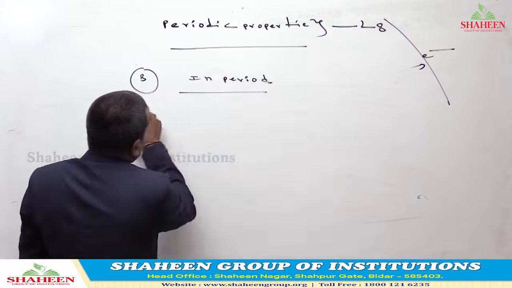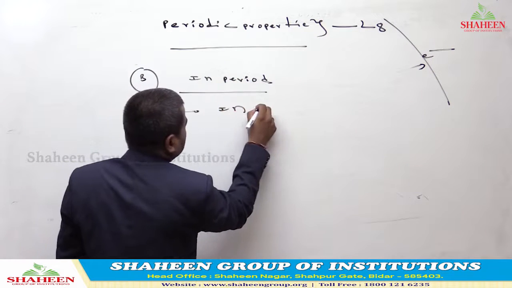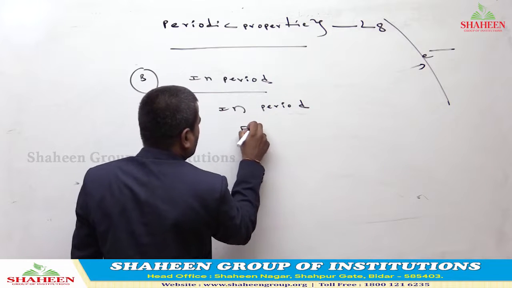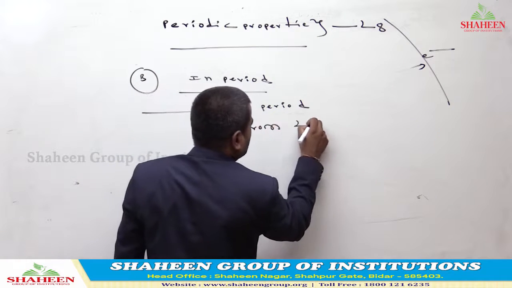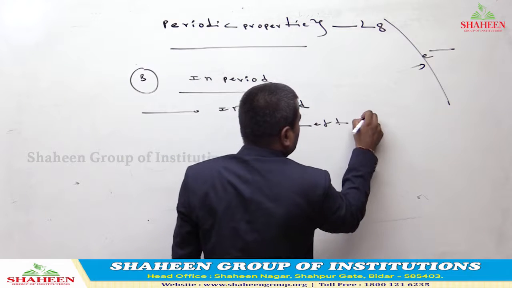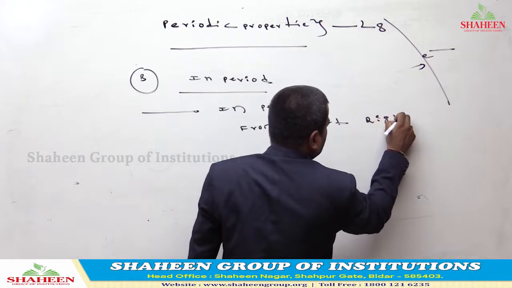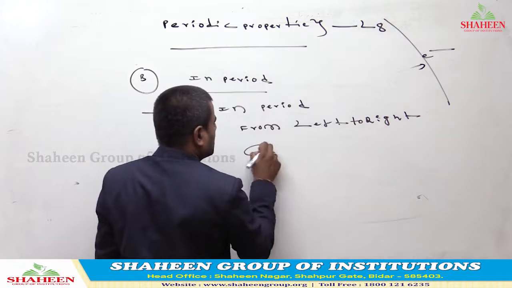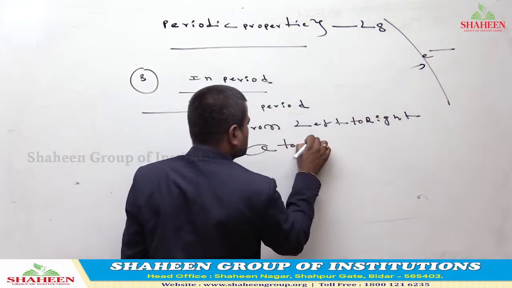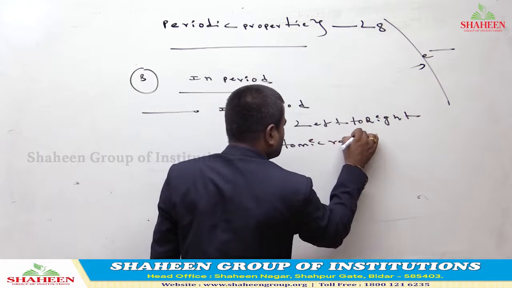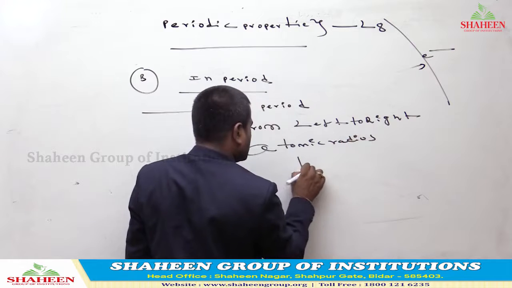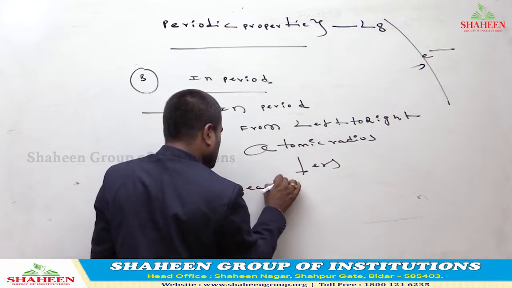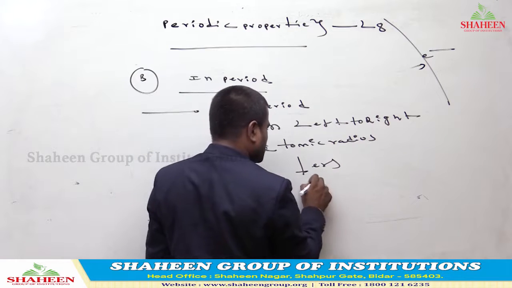Generally, in a period from left to right, atomic radius decreases.